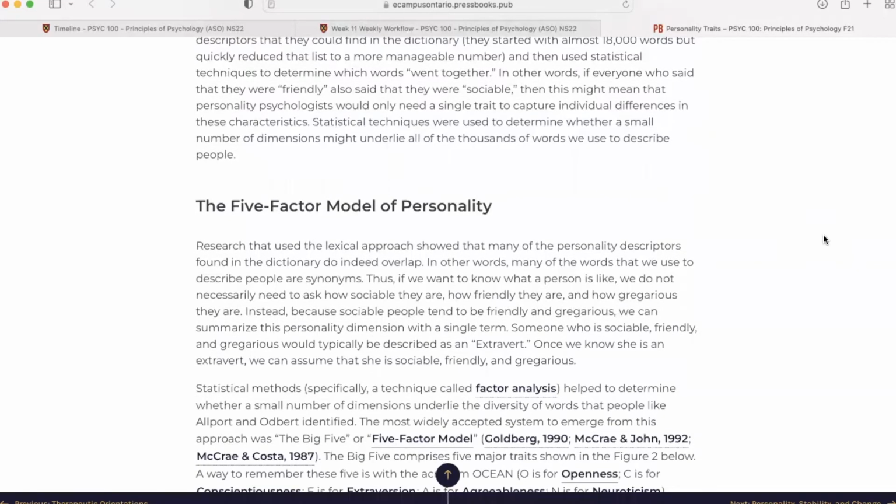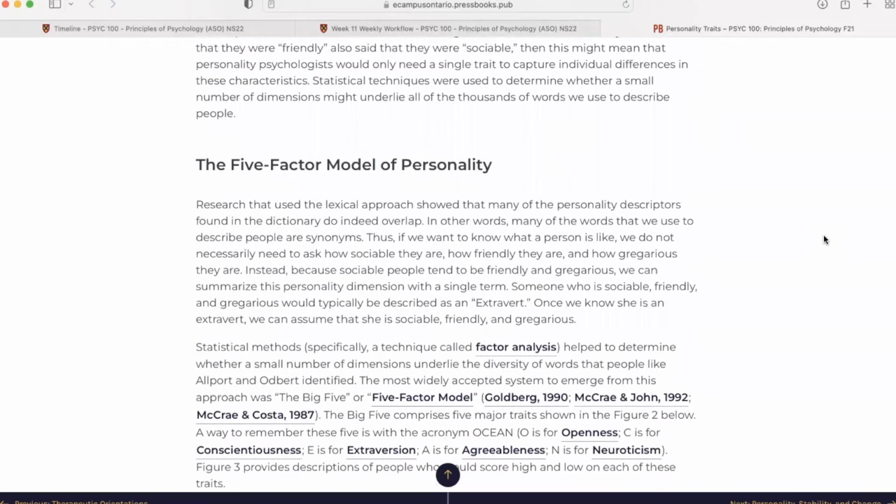In other words, if everyone who said that they were friendly also said they were sociable, then this might mean that personality psychologists would only need a single trait to capture individual differences in these characteristics. Statistical techniques were used to determine whether a small number of dimensions might underlie all of the thousands of words we use to describe people.